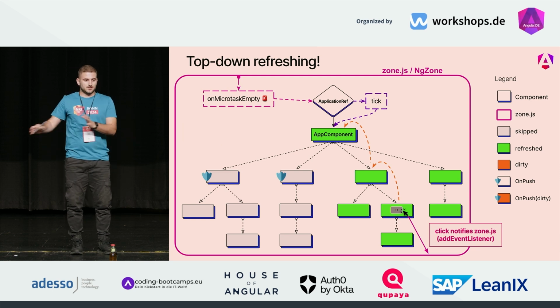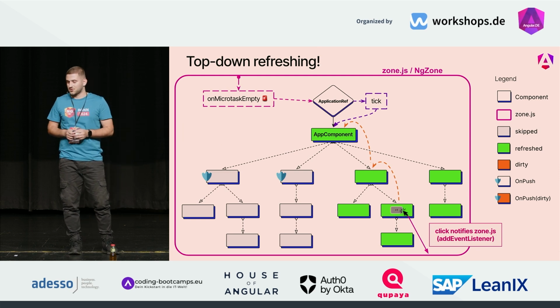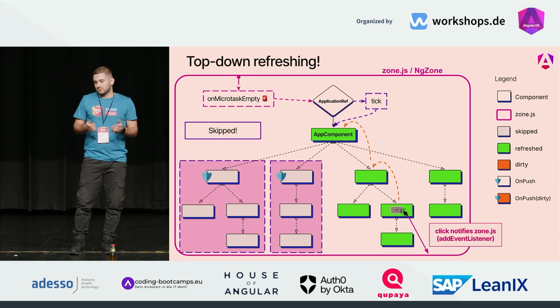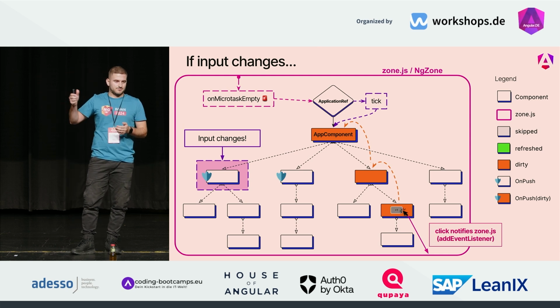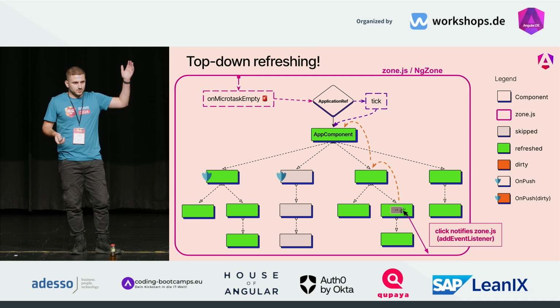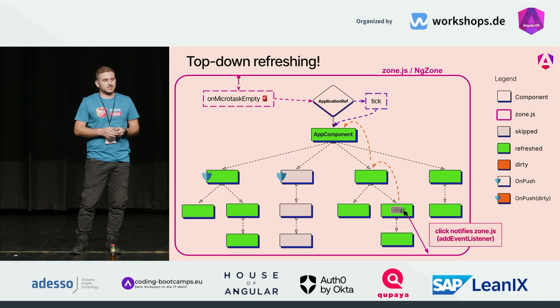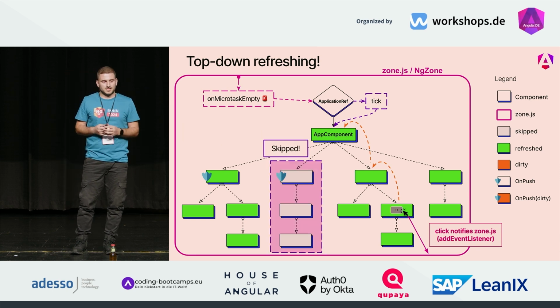But all the other parts of the template will be refreshed, just like normal change detection. So we have them skipped. But if, let's say, on the first branch we have some input change, that branch will just be refreshed like normal, because we say OnPush plus dirty, always refresh. Of course, the second one will be skipped.